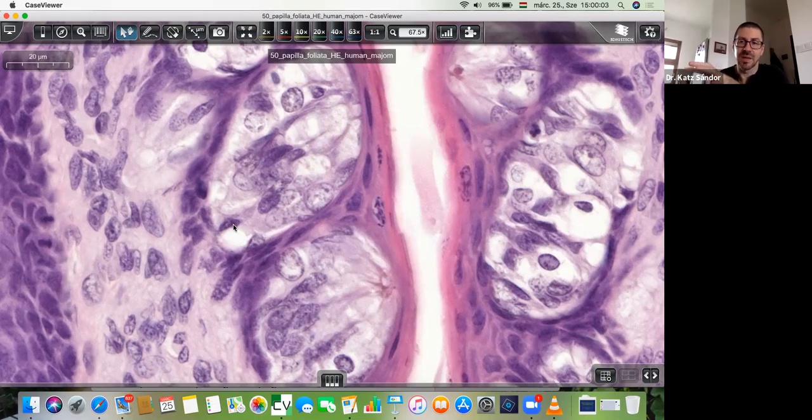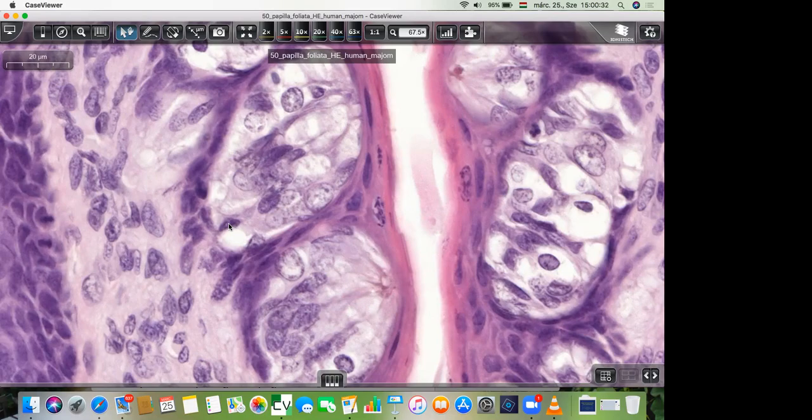So in the taste buds we can find three types of cells: the sensory cells with big round nuclei, the supporting cells with elongated nuclei, and the basal cells, which are stem cells differentiating into either supporting or neuroepithelial sensory cells.